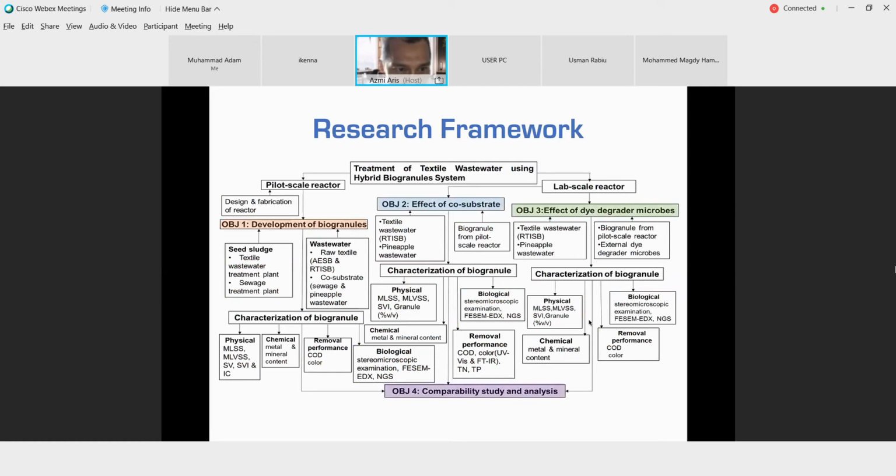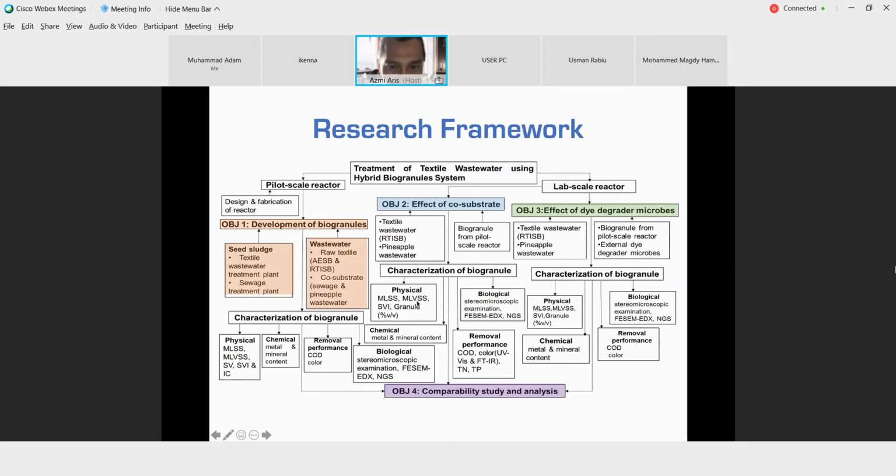She has already identified her 4 objectives. And for each objective, she has identified what she wants to do: what the variables are, what things need to be prepared, and what the parameters are, the data for which need to be collected in order to achieve objective number 1.